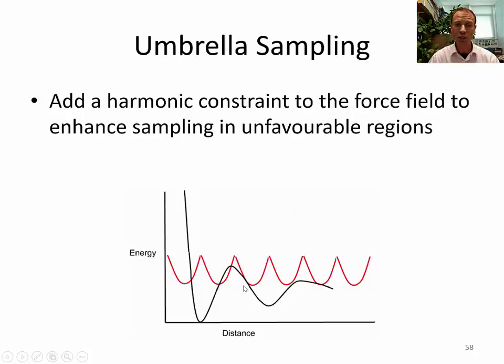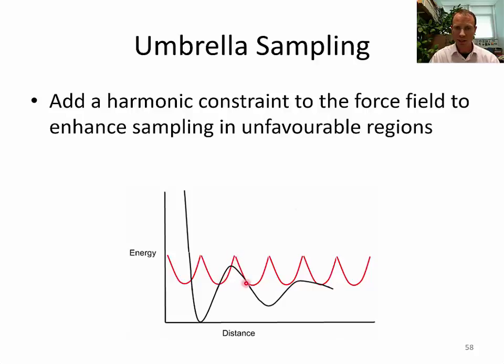So what we can do is add a harmonic constraint to hold it at a certain region. Imagine this here is a harmonic constraint which we add to the potential, and that will hold the molecule up here on this high energy region. So it means we can sample a lot better up here. This umbrella potential would hold us at about this region, so we'd get better sampling here.